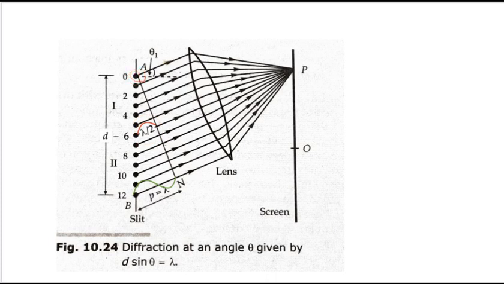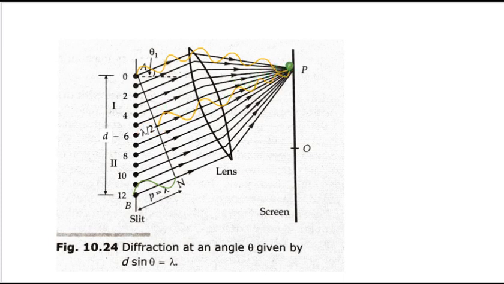Consider a light which starts from this point A. It moves one wavelength, two wavelength, three wavelength, four wavelength, and five wavelength. Similarly, consider the light which moves from this point. Look, one wavelength, two wavelength, three, four, and five.